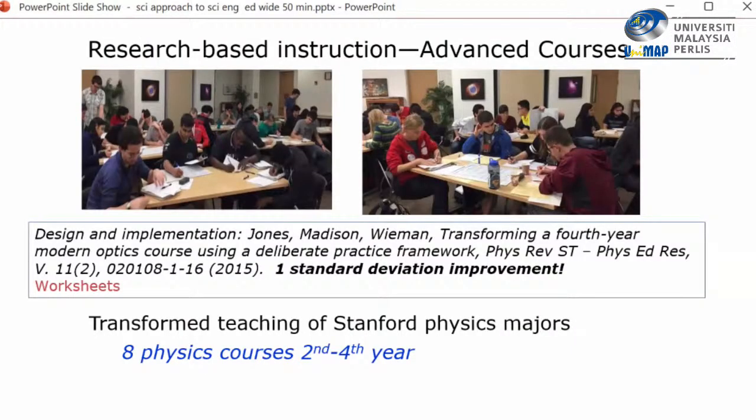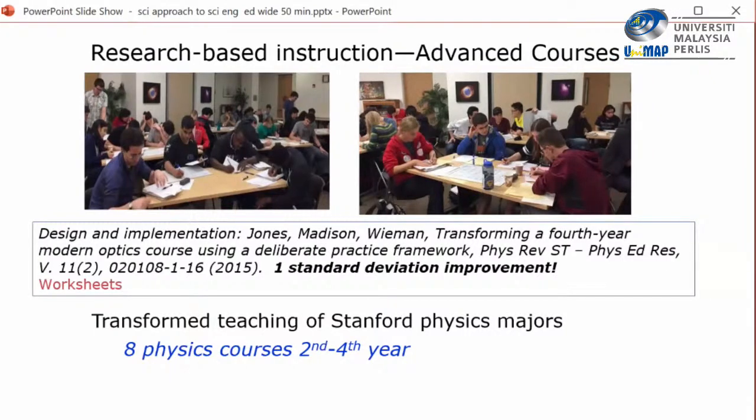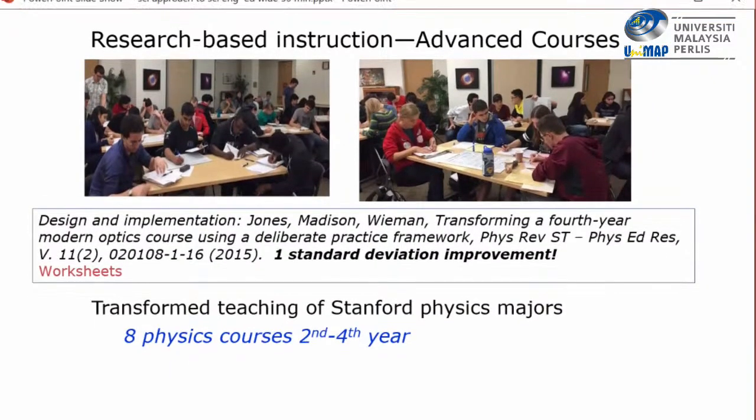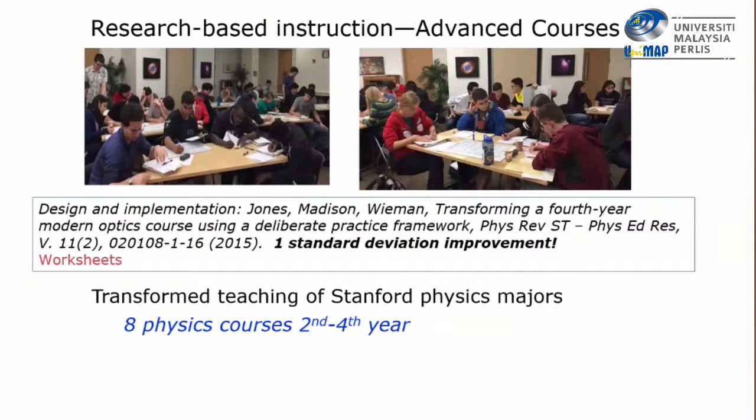Now, most of the research on this has been done in these large introductory courses, but my group and a few others have been applying the same principles in more advanced courses, and particularly across physics courses. And so most of the courses taken by Stanford physics majors are taught in this way.